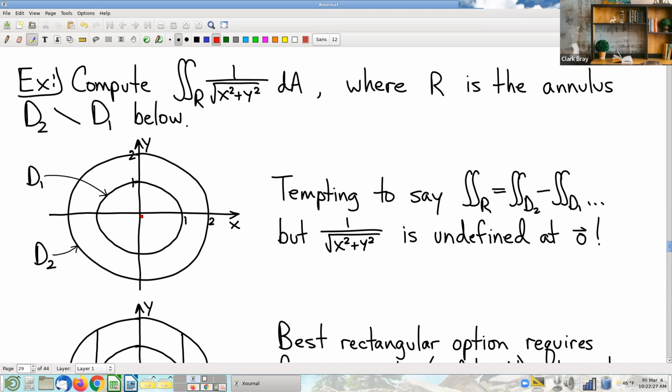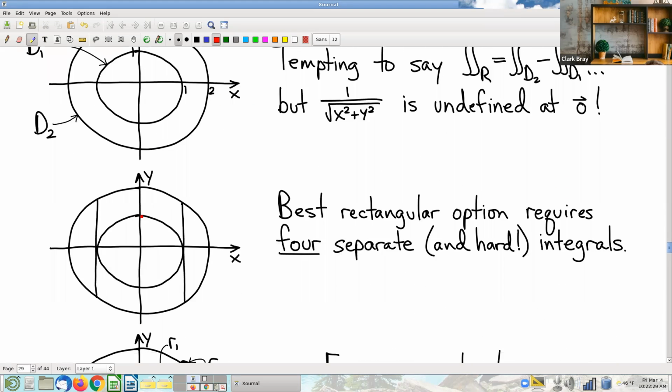Okay, so here's another thing you might do. You might say, okay, well, I'm going to do this in rectangular coordinates. I'm going to do so by slicing it into 4 pieces. I can use that piece and this piece and this piece and this piece. Okay, 4 separate integrals. The problem is that's 4 integrals, right?